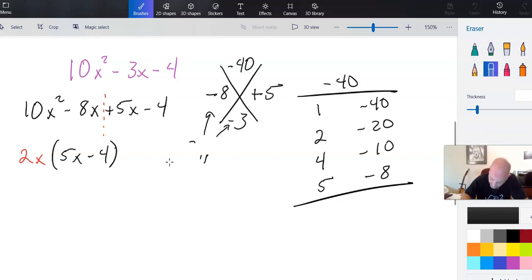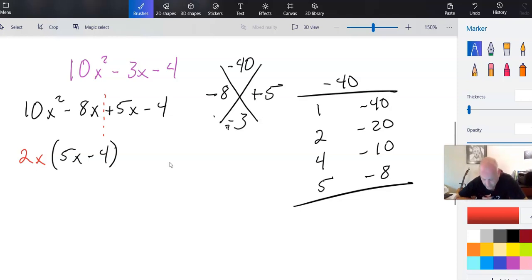I'll make a little room here. And then the back half, let's see here, 5x, 5 and 4, 5. No, there's no common factor other than 1, but this is one of those places it's a really good idea to write the 1 because otherwise you end up forgetting it. Right?